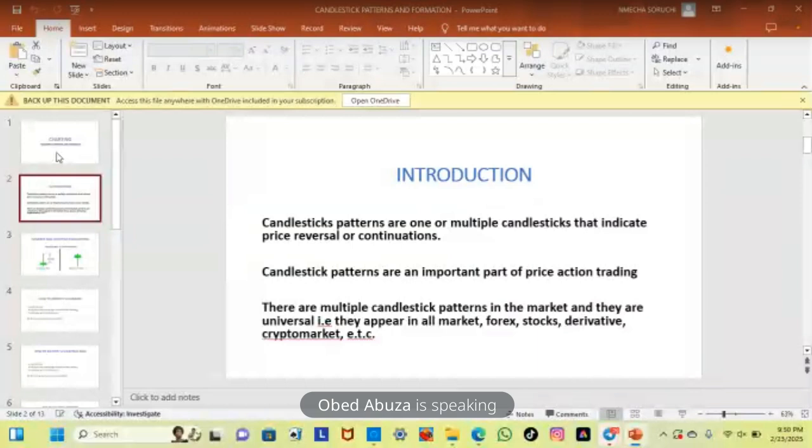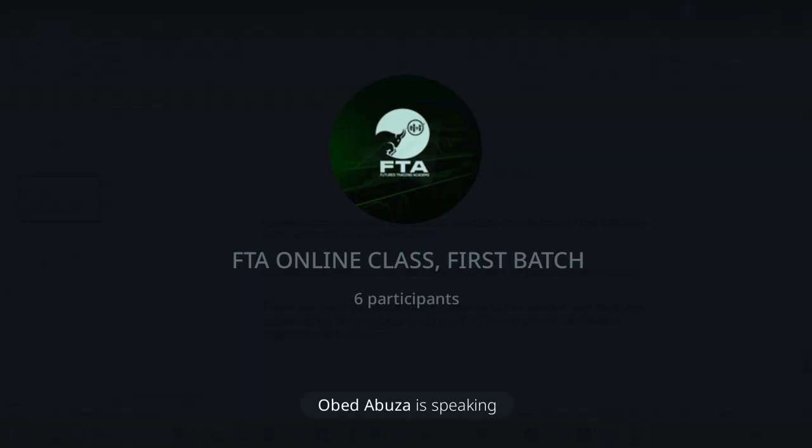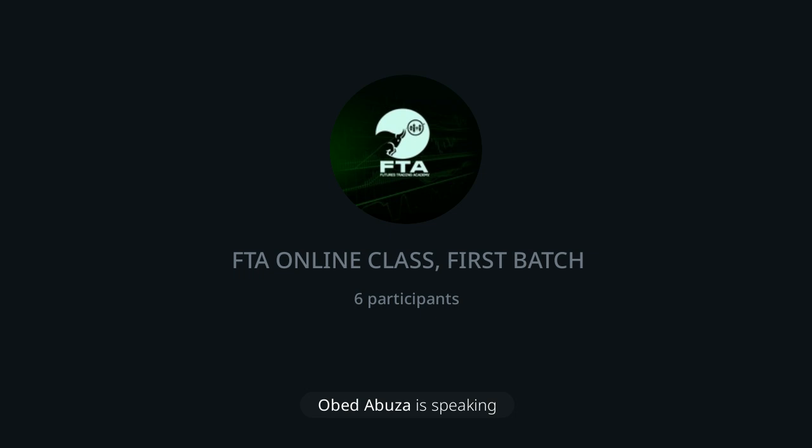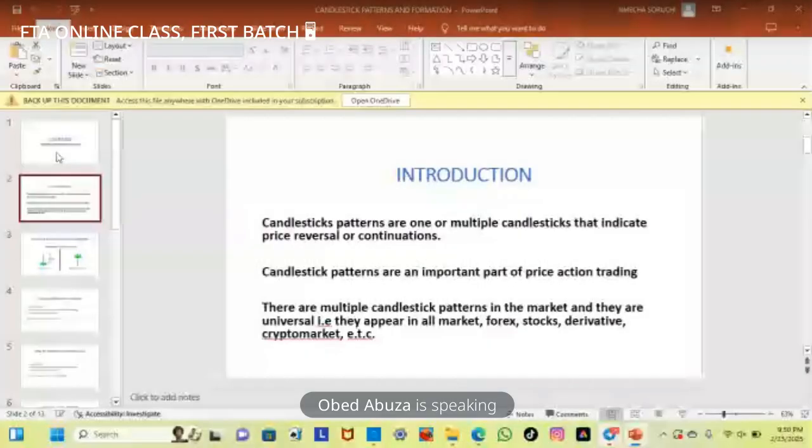So any candlestick you see in forex, you can also see in the crypto market. You can also see them in the stock market, as long as it is using what we call the chart. So without wasting much time, we'll move further in this course.